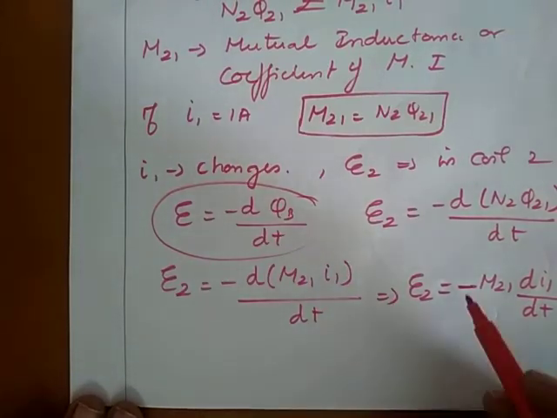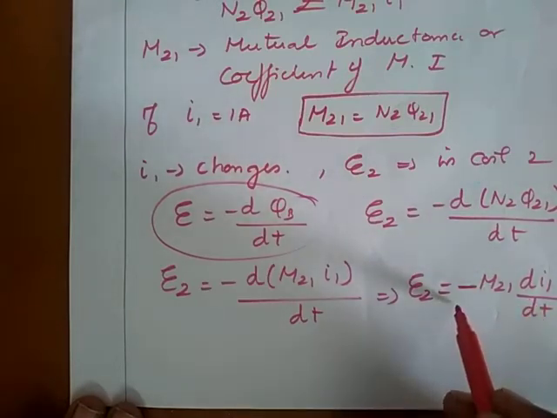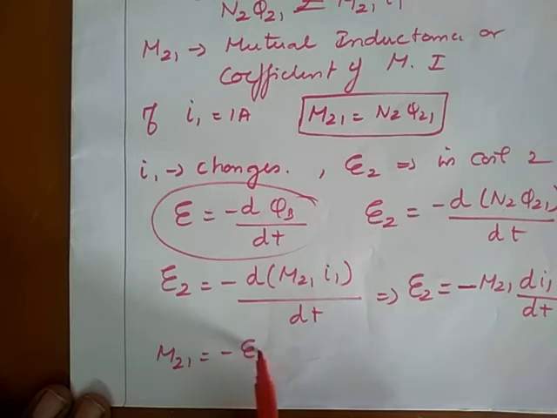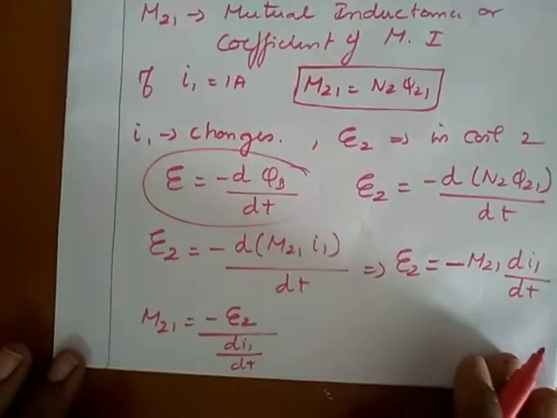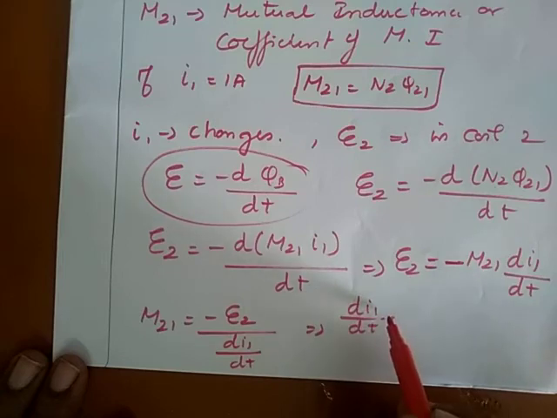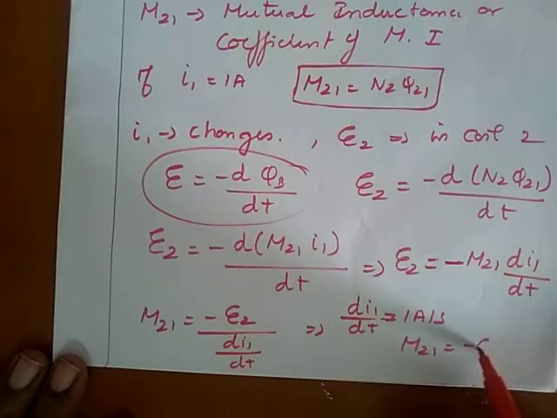By using this equation we can also define the mutual inductance of coil 2 with respect to coil 1. I can rearrange this: M21 is equal to minus psi 2 by dI1 by dt. If the rate of change of current flowing through coil 1 is 1 ampere per second, then M21 is equal to minus psi 2.